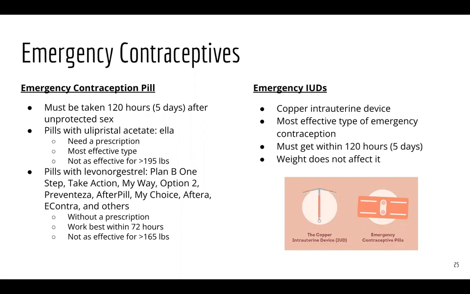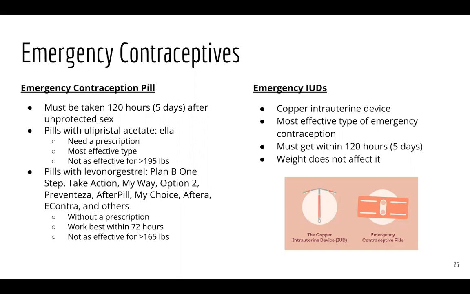Pills with levonorgestrel, such as Plan B One-Step, Take Action, My Way, Option 2, Preventeza, Afterpill, My Choice, Aftera, EContra, and others, do not need a prescription, work best within 72 hours, and may not be as effective for people over 165 pounds.